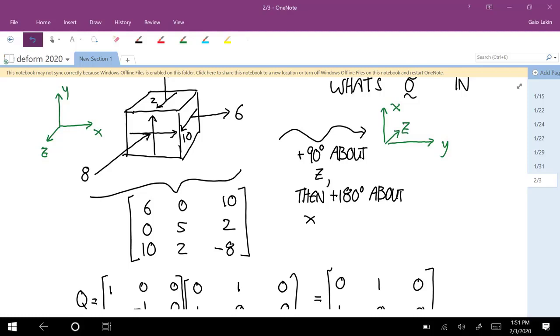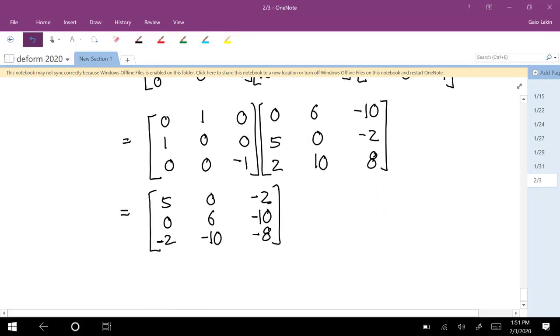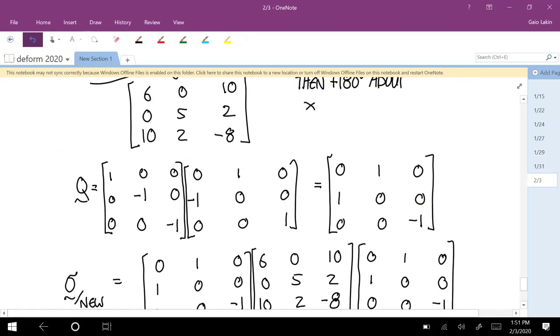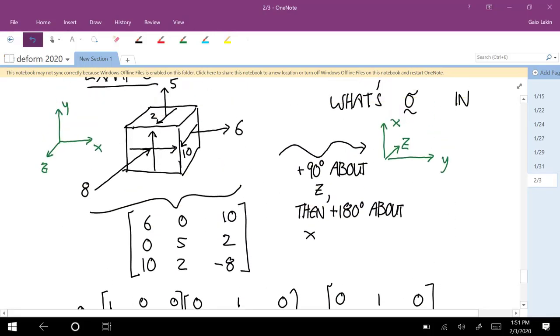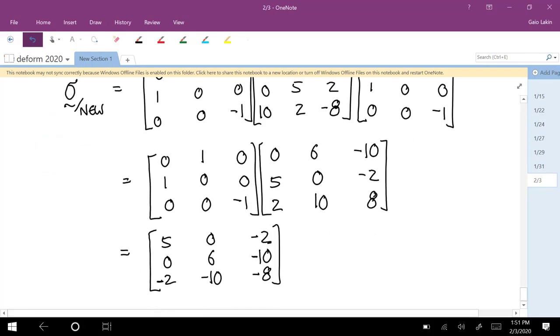So negative 2, negative 10, 8. Come on. Oh, yeah, because I didn't switch the direction. Yeah, so on the other face, it would be this way, which is negative 8. So, right, negative 2, negative 10, negative 8.